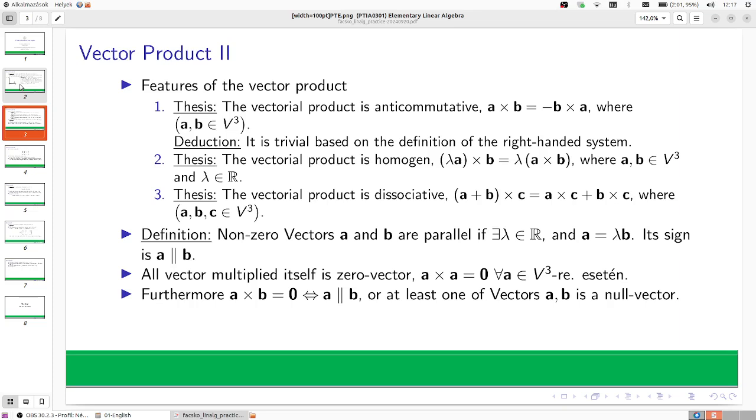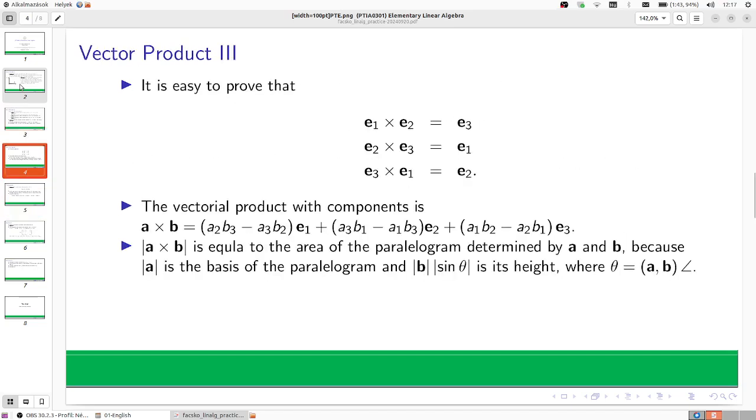And the product is distributive. You can multiply vectorially with this A plus B, and you can split this operation. You will see very soon why this is important. Okay. The vectorial product with components, this is just a line here.